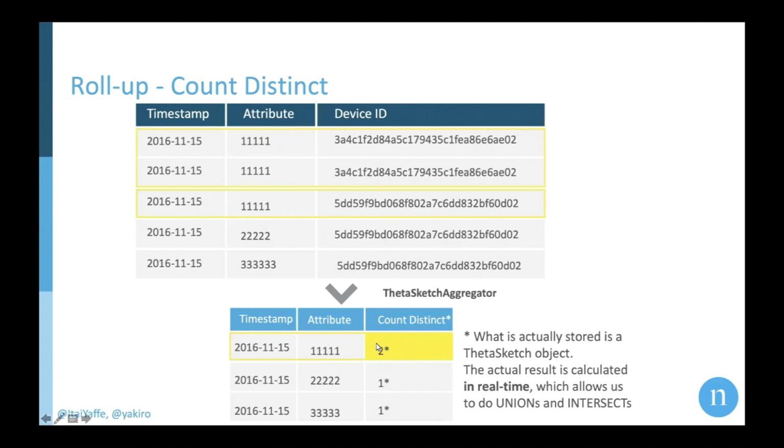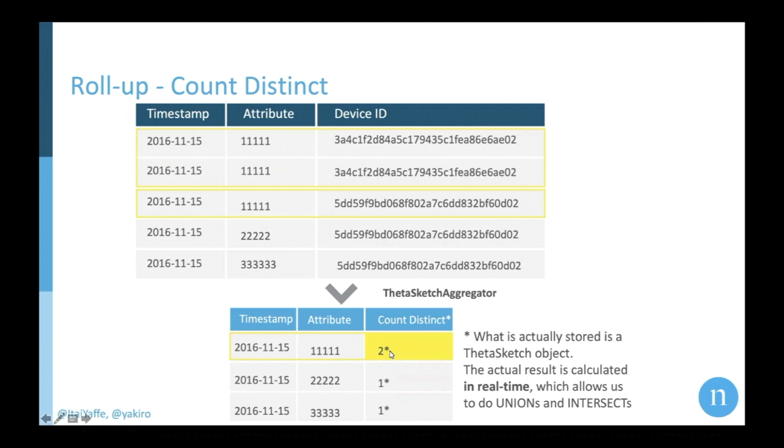And the reason is, as Yakir mentioned earlier, we want to do various operations between various attributes. So we want to know the number of unique devices used by females in the US that are interested in tech, for example. So we cannot just store the number 2 for the attribute, say female.